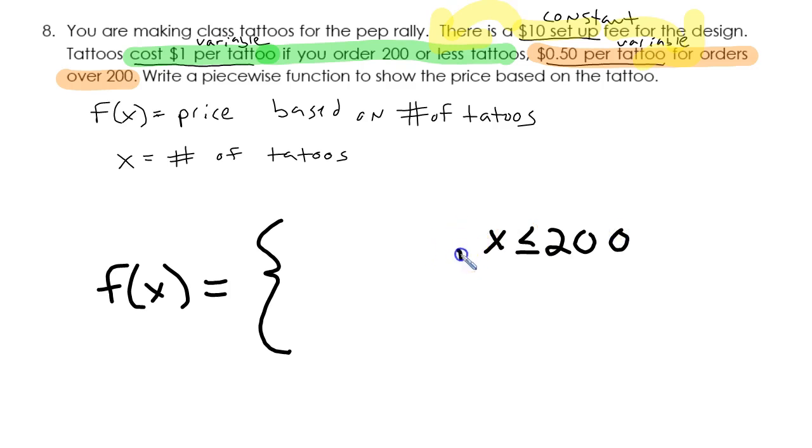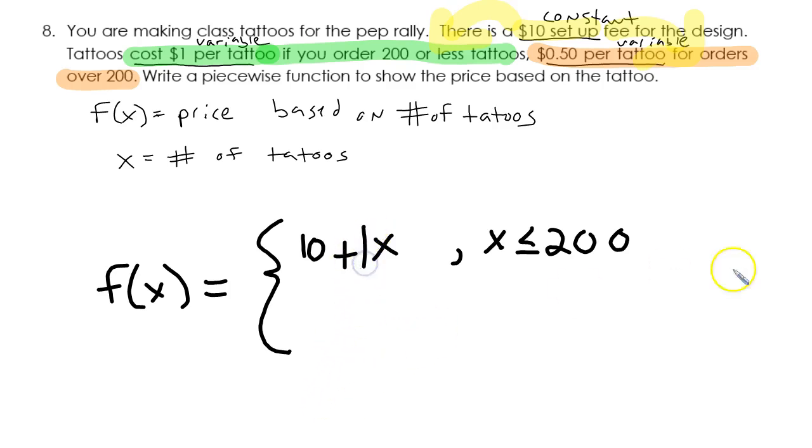If I order 200 or less of these tattoos, it is going to cost me that setup fee of $10 plus $1 times the number of tattoos. $1 times x, which is just x, 1x or x.